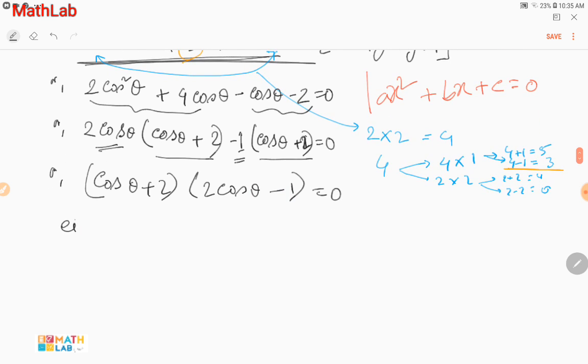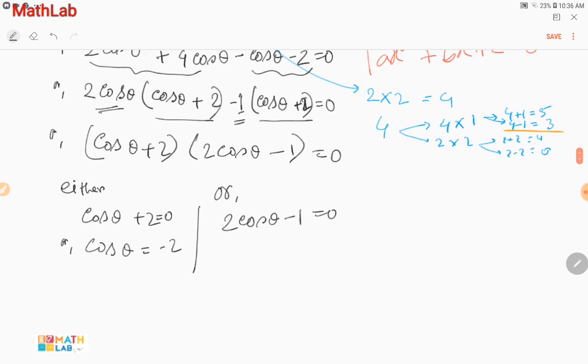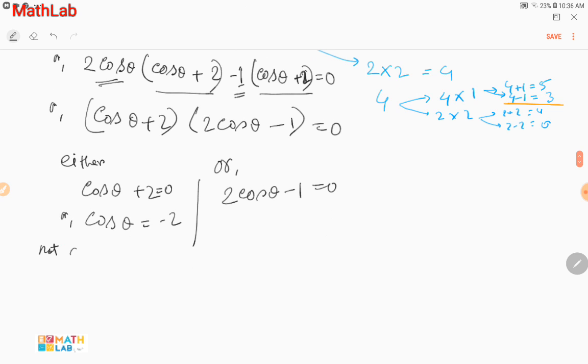So either cos theta plus 2 equal 0 or 2 cos theta minus 1 equal 0. For the first part, cos theta equals minus 2. This is not acceptable because cos theta is greater than or equal to minus 1 and less than or equal to plus 1.